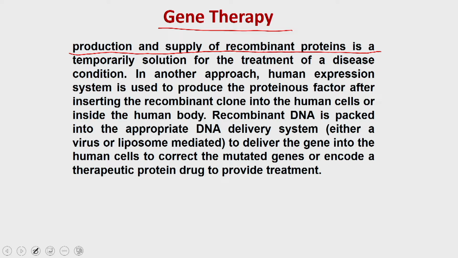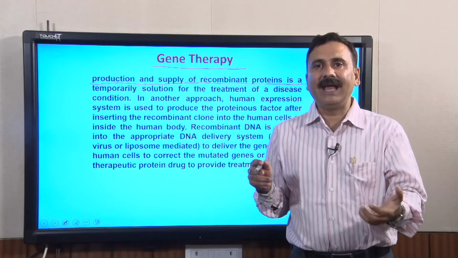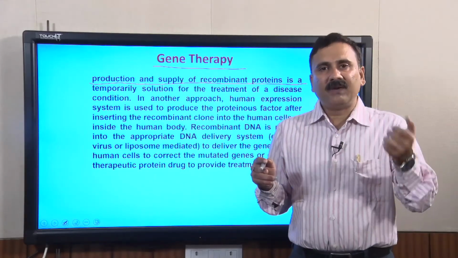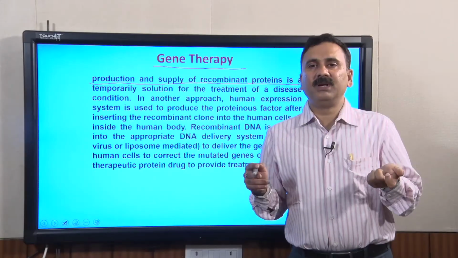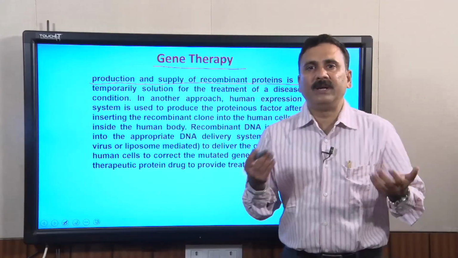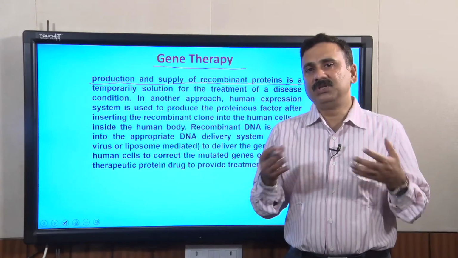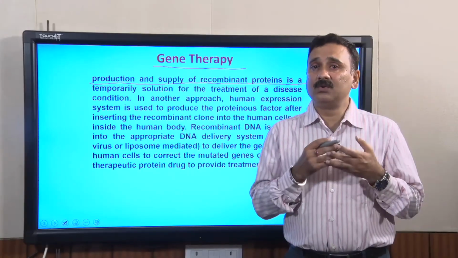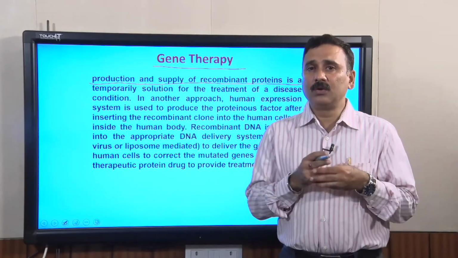If I am genetically prone to not produce insulin, or if there is a genetic defect so that I cannot produce factor 8, then even if I supply factor 8, it is going to be a temporary situation, because you do not know when you are going to get the injury, or when you are going to have a meal.